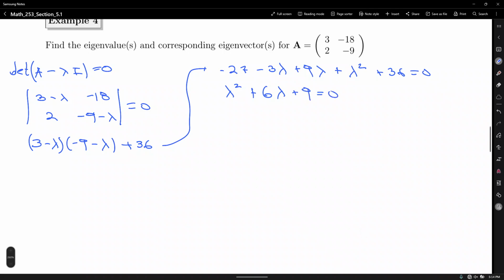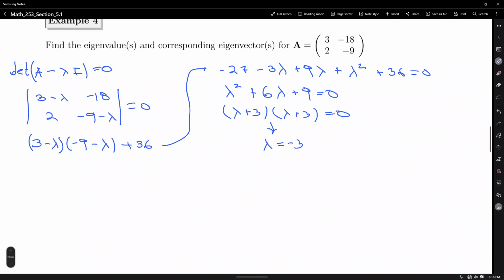Plus 9, and let that be equal to 0. So factor the polynomial. Factors of 9 that add to 6 are plus 3 and plus 3. Set that equal to 0. Do you see how we have a repeated eigenvalue? It's only one value, equal to -3, of multiplicity 2.